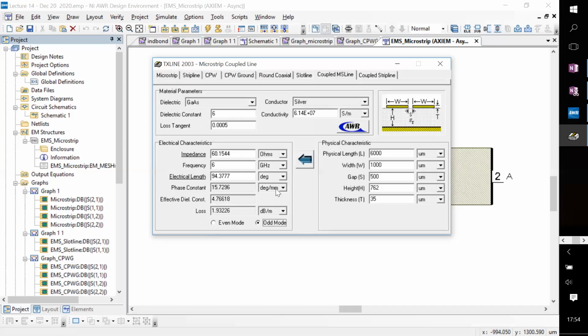So if it's going slower, then the phase actually accumulates more in a given length. If you had two different pieces of transmission line of the same length, one where the propagation speed is higher than the other, then the faster one will have less phase accumulation with respect to the length because it's moving faster.